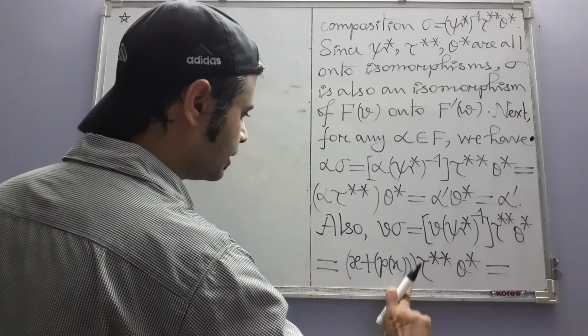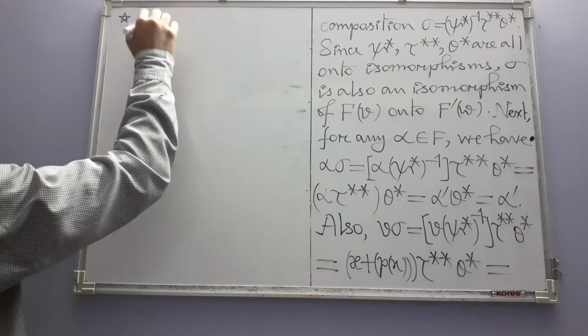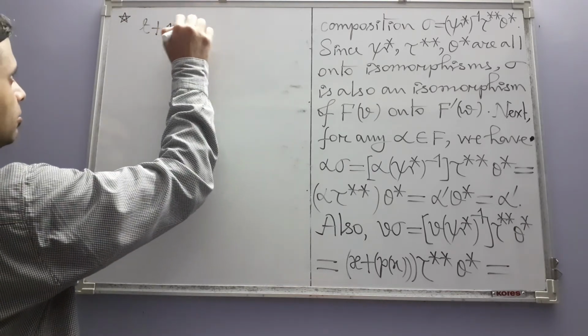And this thing is mapped by tau double star onto this, the corresponding thing in that other world, other quotient ring.